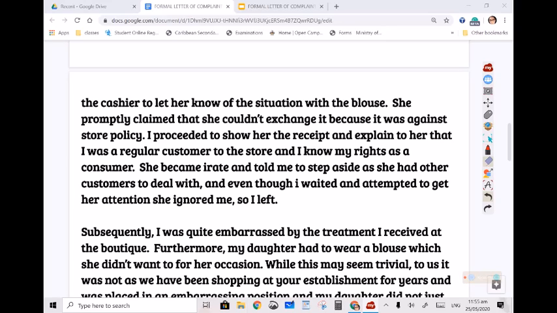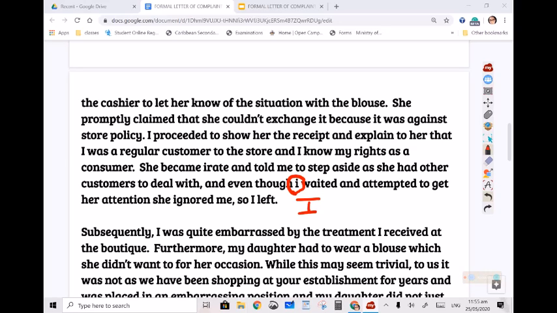I proceeded to show her the receipt and explain to her that I was a regular customer to the store and I know my rights as a consumer. She became irate and told me to step aside as she had other customers to deal with. And even though, now we have a couple of errors here, I supposed to be I. I waited and attempted to get her attention.